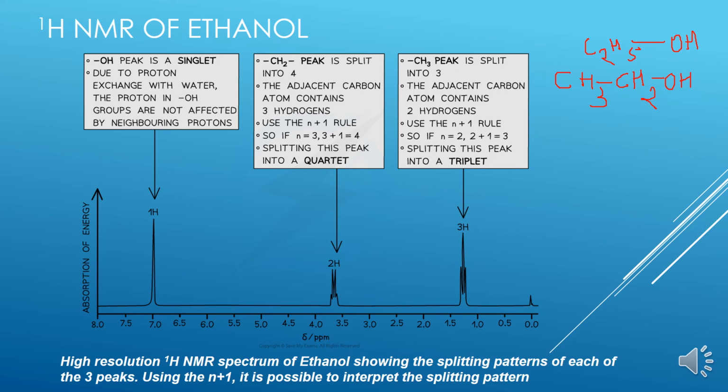Okay. So in this ethanol molecule, there will be three different types of protons. One is labeled as A. This is the methyl protons. Here it is the methylene protons.